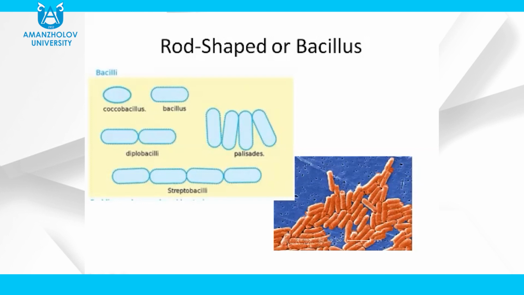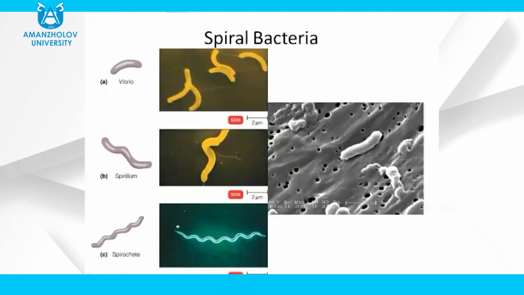Spiral bacteria. These bacteria are often found in helical or spiral arrangements such as Vibrio, comma-shaped, Spirilla, spiral, and Spirochaetes, rigid helical body. Some spiral bacteria use flagella for movement. Vibrio bacteria.